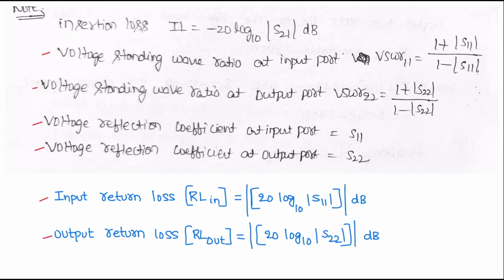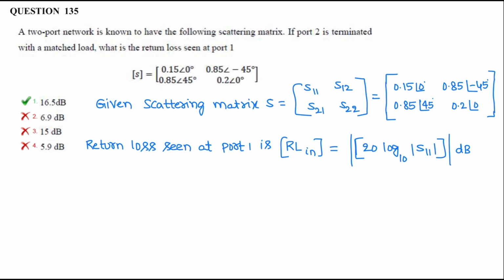The magnitude. In the question, they have asked return loss seen at port 1. So that is input return loss. So return loss seen at port 1 or input return loss is 20 log modulus S11 dB. That is 20 log 10 modulus of S11, that is 0.15 at an angle 0, whole modulus dB.